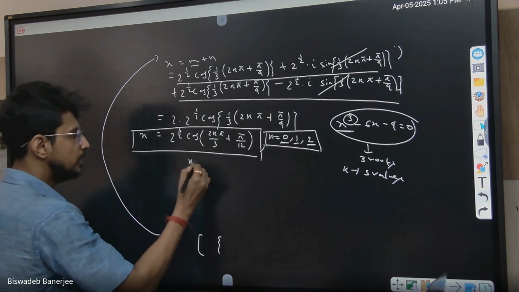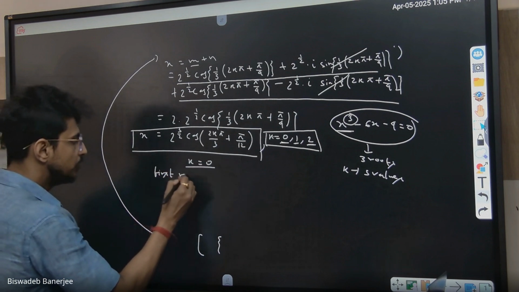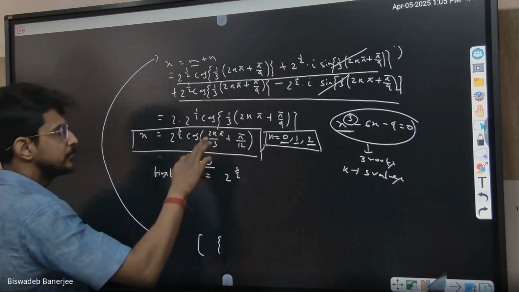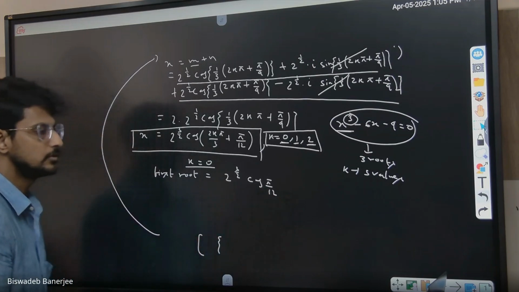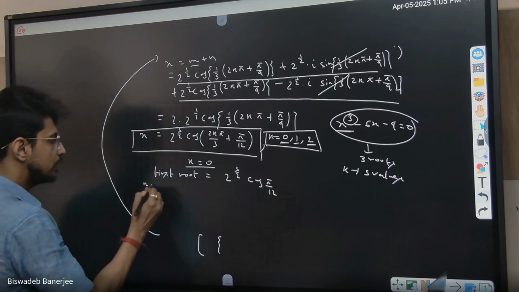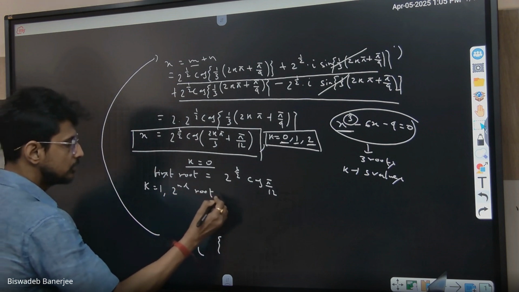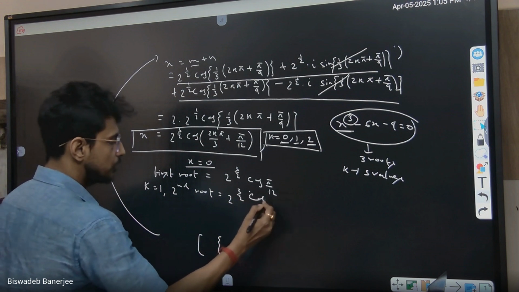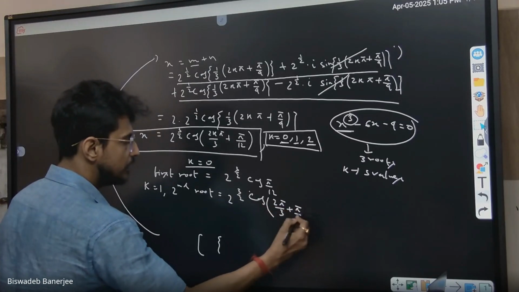For example, if k equals 0, my first root is 2 to the power 3 by 2 cos pi by 12. If k equals 1, my second root is 2 to the power 3 by 2 cos of 2 pi by 3 plus pi by 12.